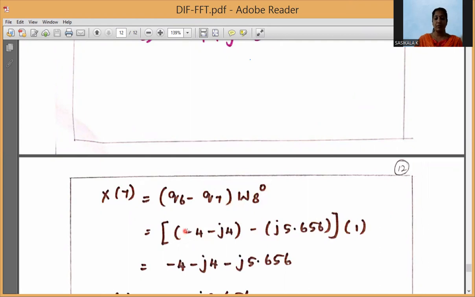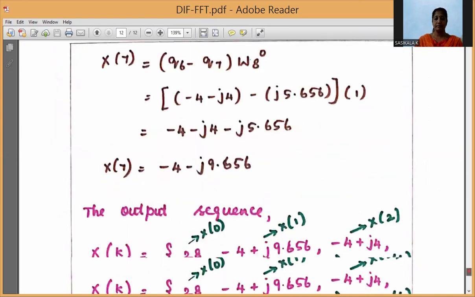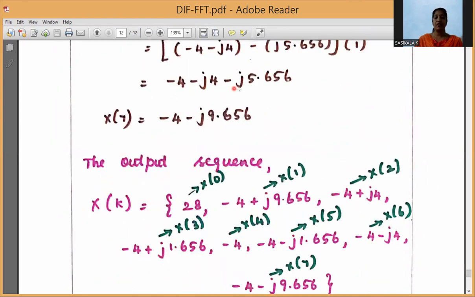And X of 7 equal to Q6 minus Q7 W8 power 0. So Q6 value is minus 4 minus J4 minus Q7 value is minus J 5.656 into 1. So I am getting minus 4 minus J4 minus J 5.656. So both are in the same polarity. So just add it. So minus 4 minus J 9.656.